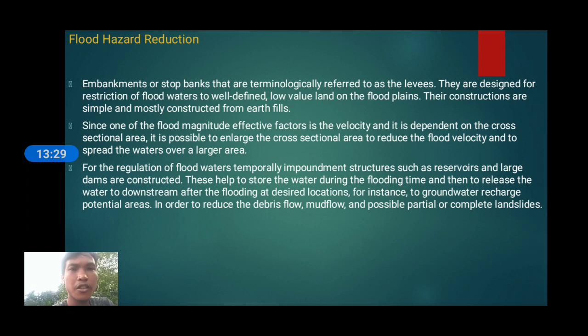For the regulation of floodwaters, temporary impoundment structures such as reservoirs and large dams are constructed.